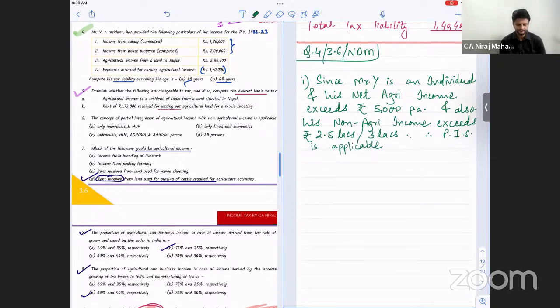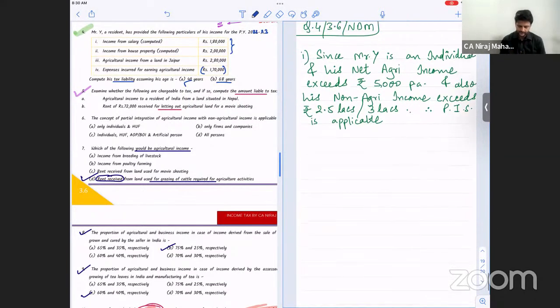Is it okay to hear all of you? What have they asked you in the question? Compute what? Tax liability. Hai na? So write down. Computation of tax liability of Mr. Y for AY 23-24.